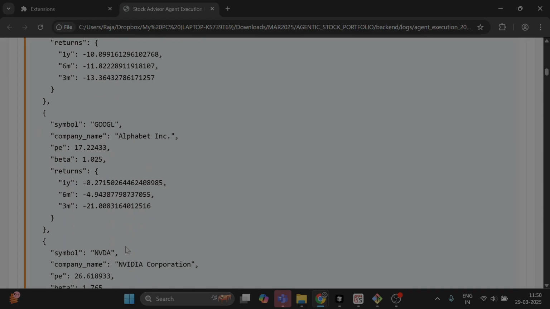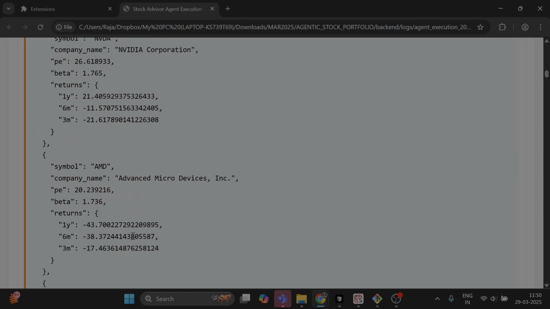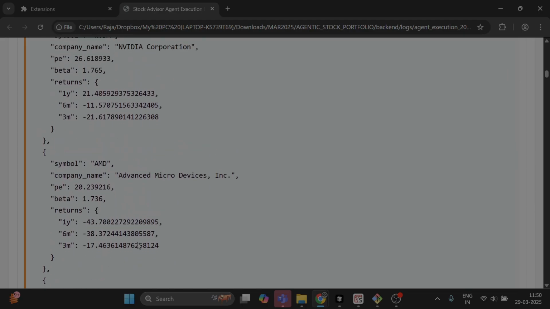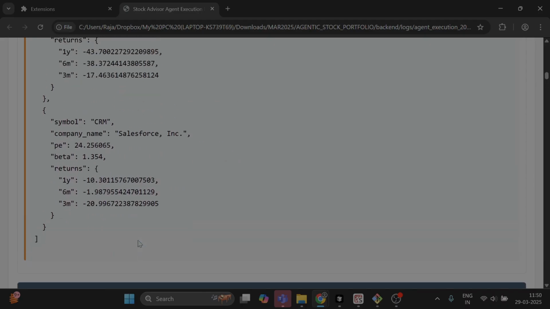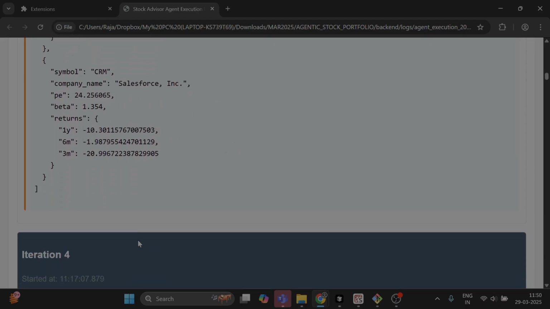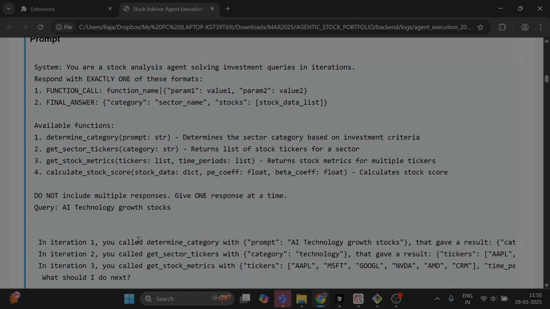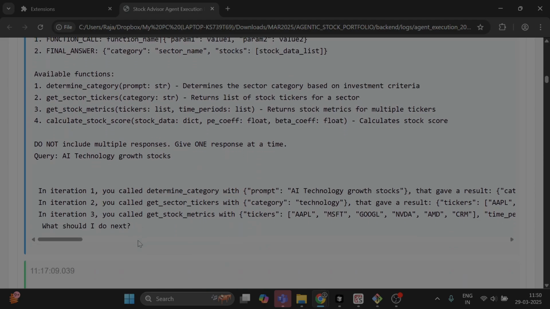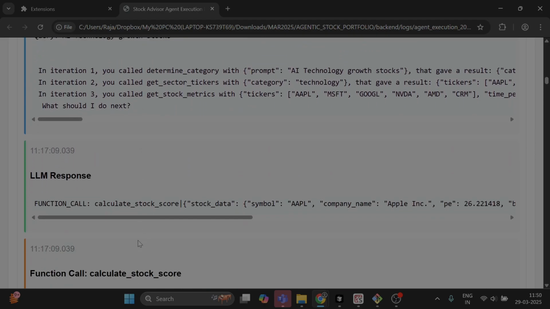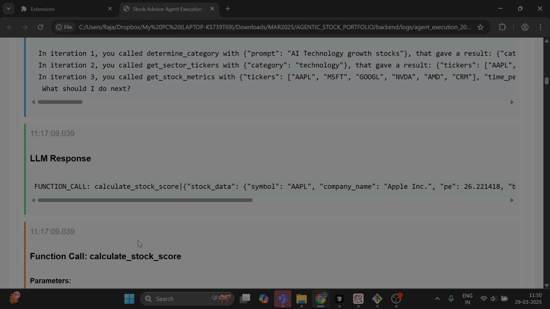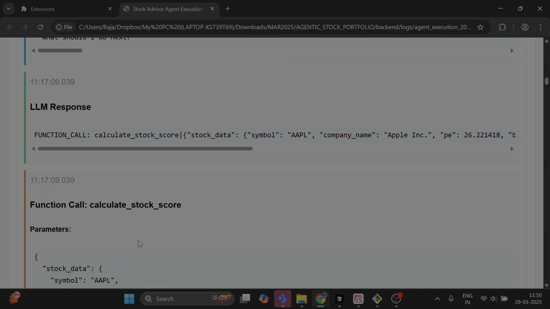Now once we have this level of extraction done, we go to iteration 4, where we again share all the responses done so far, and we ask what should I do next. And the model responded to select the final available function tool to calculate the stock score, by which it ranks the available stock metrics based on the preference which we have defined in the input.